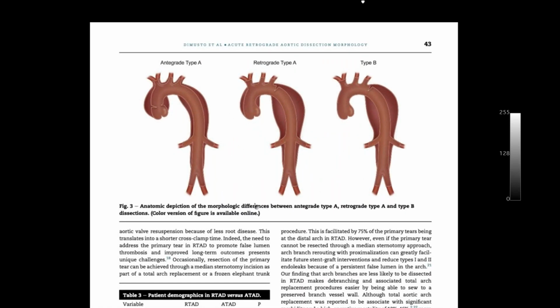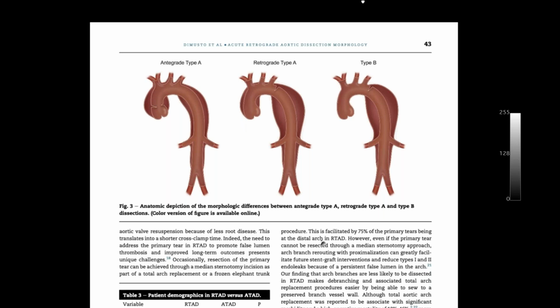So we can have a type B, we have a retrograde type A right here, which is what we have in this instance. And then this is the more conventional intimal tear in the ascending aorta. And you see those differences there. So that's the way they've described this one.